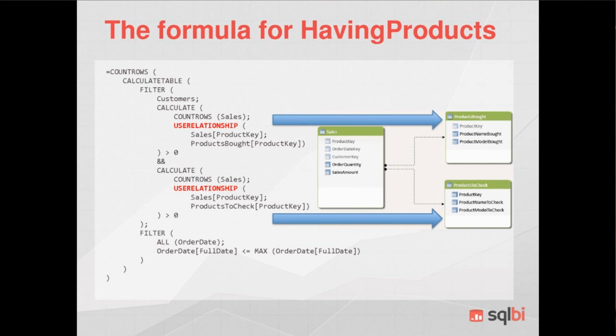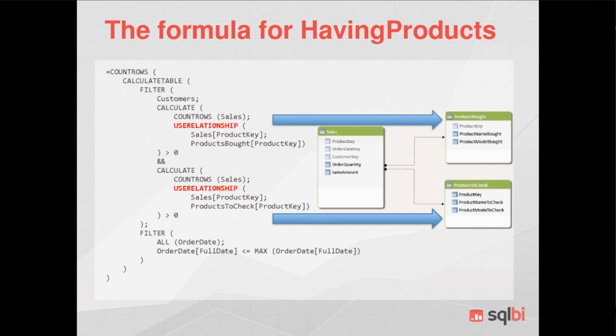So this is the complete formula. It's not easy to read, but if you learn many-to-many, you will see that this is a many-to-many pattern, and this is a many-to-many pattern. They are exactly the same pattern, where I only added use relationship.